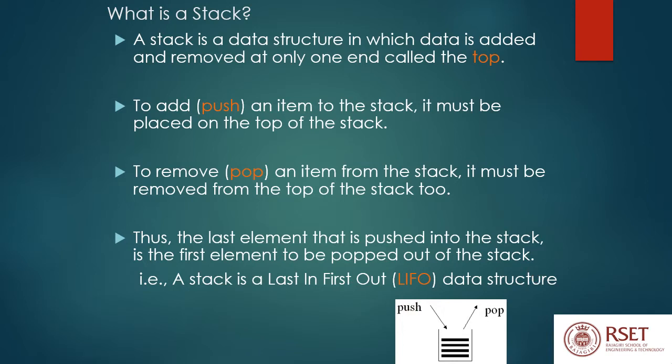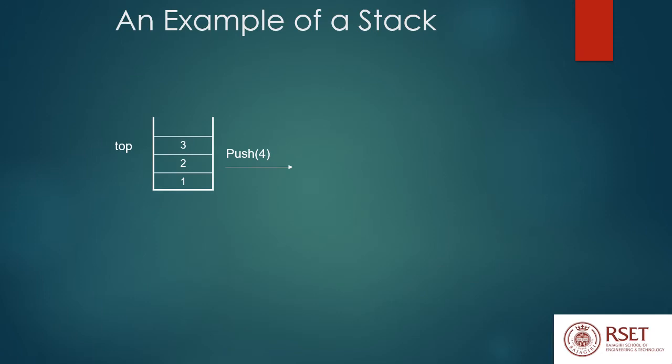Now coming to an example, here you have three elements inside the stack, and you have a top that points to the topmost element of the stack. If you are considering a stack, there will be a limit to the number of elements that you can push into the stack. When the stack becomes full, it is an overflow.